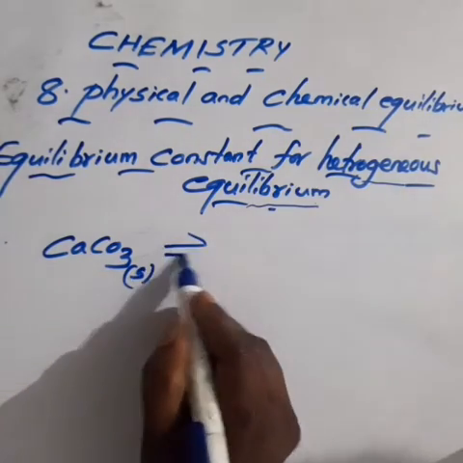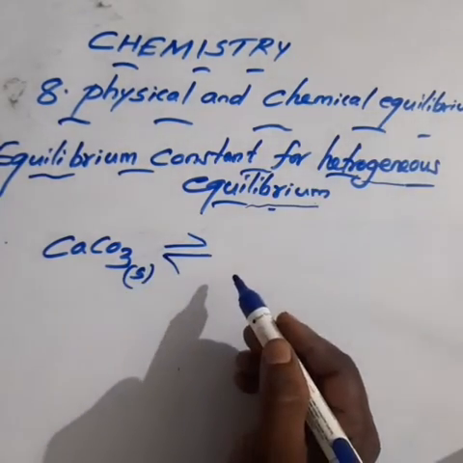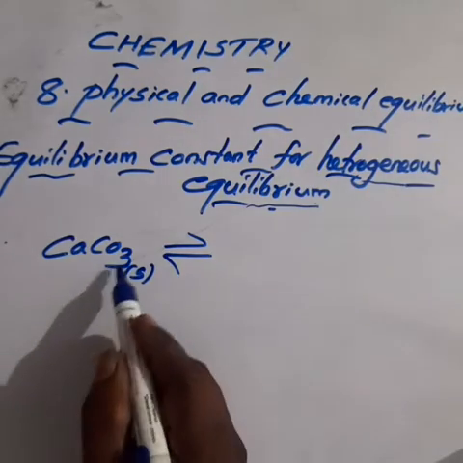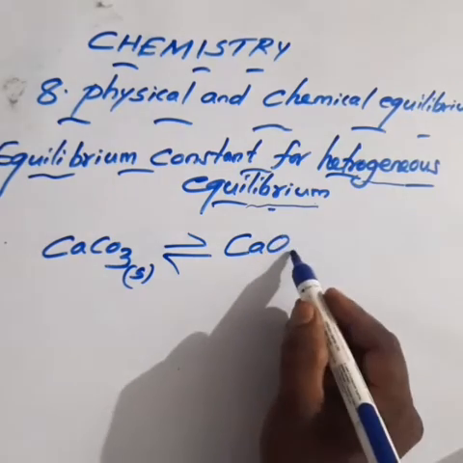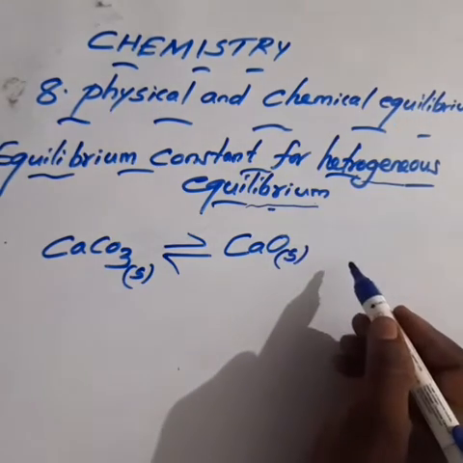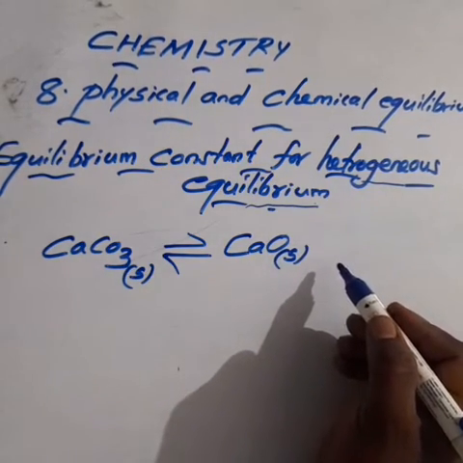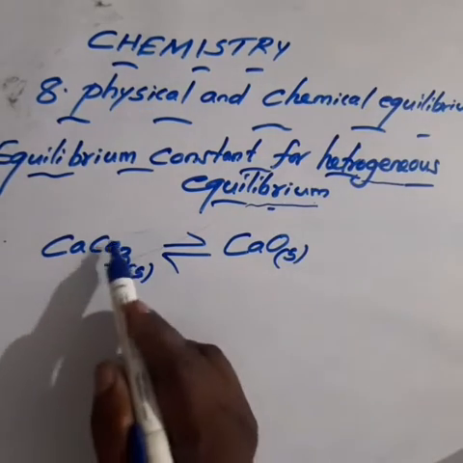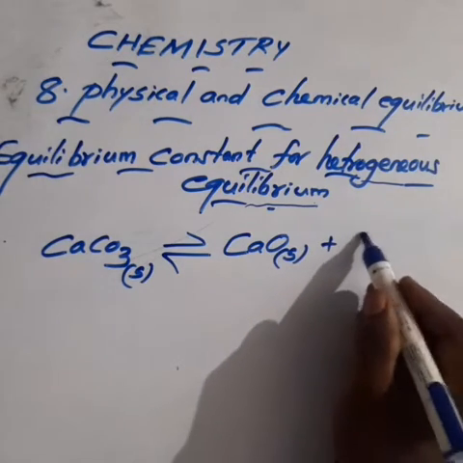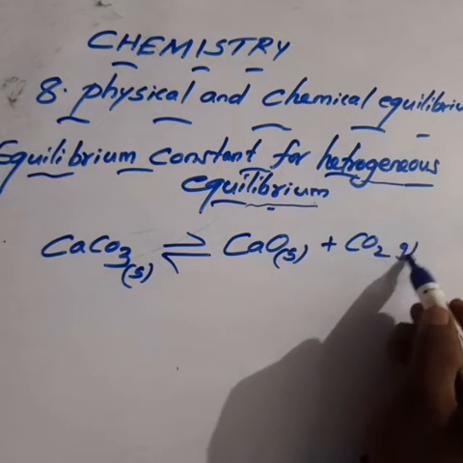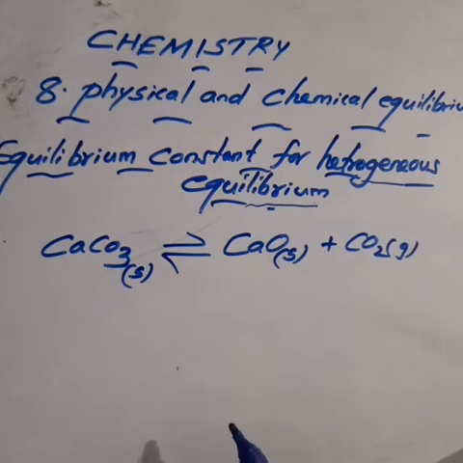This undergoes an equilibrium reaction, that is both forward and backward reaction. We get calcium oxide, that is also solid state. And out of the carbonate, carbon dioxide gas is evolved, that is CO2 gas.